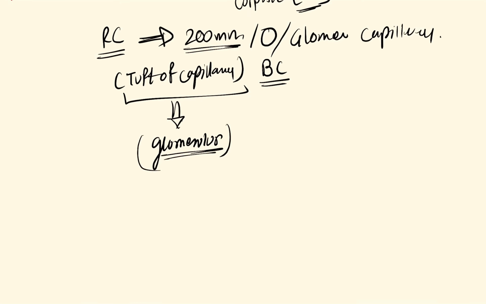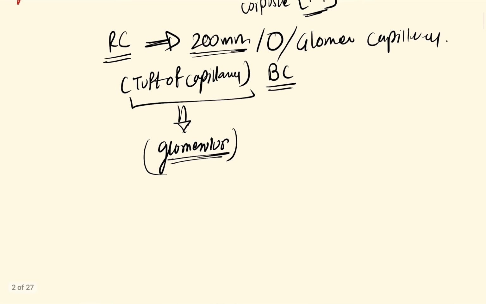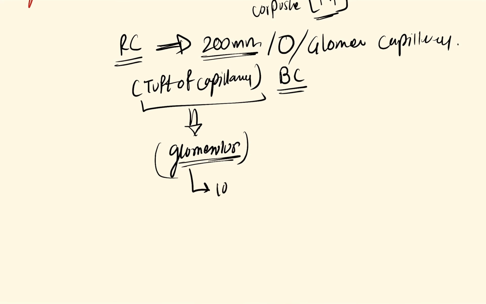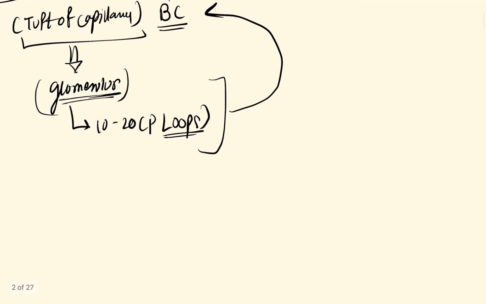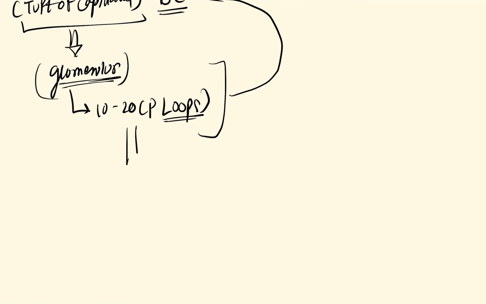In this there are 10 to 20 capillary loops, the loops inside of it, and these capillary loops are surrounded by Bowman's capsule. These capillary loops give us the glomerular ultrafiltrate.